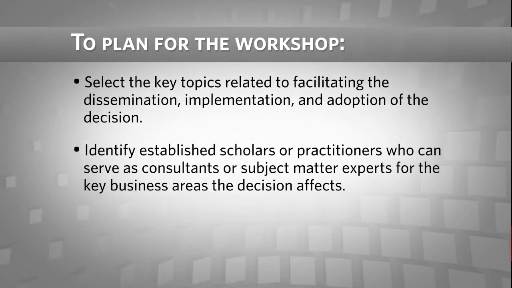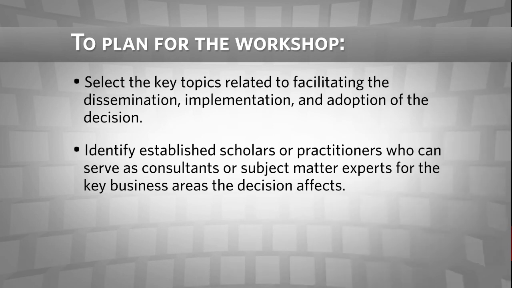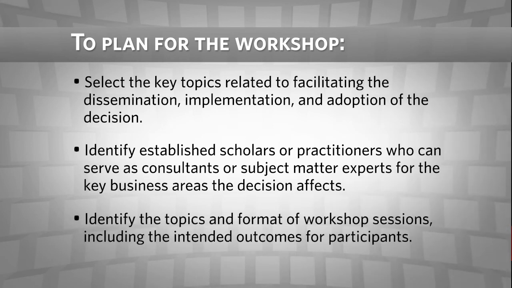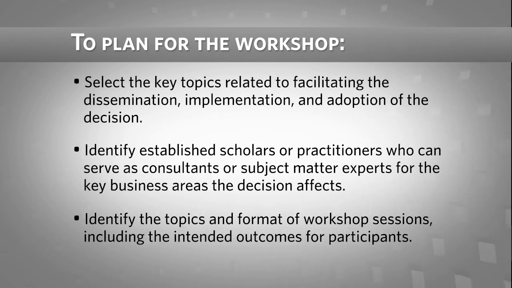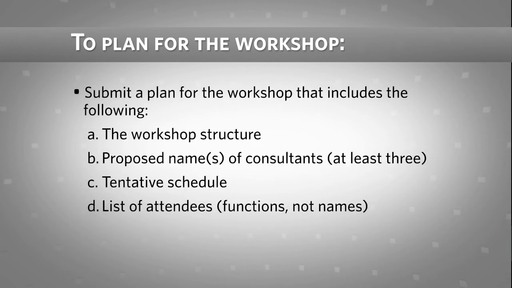Identify established scholars or practitioners who can serve as consultants or subject matter experts for the key business areas the decision affects. Identify the topics and format of workshop sessions, including the intended outcomes for participants. Finally, submit a plan for the workshop that includes the following.